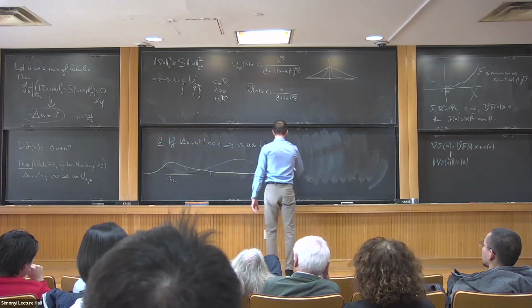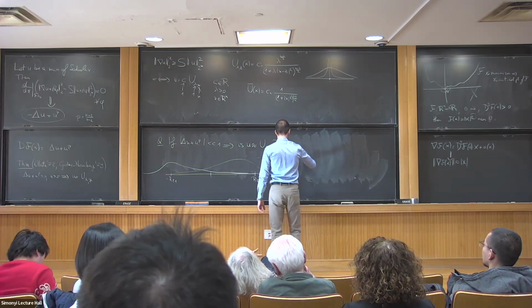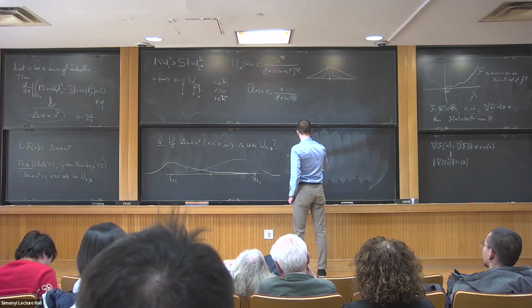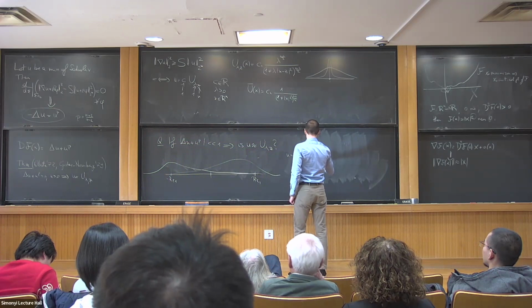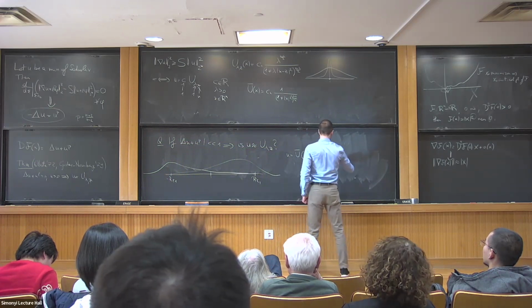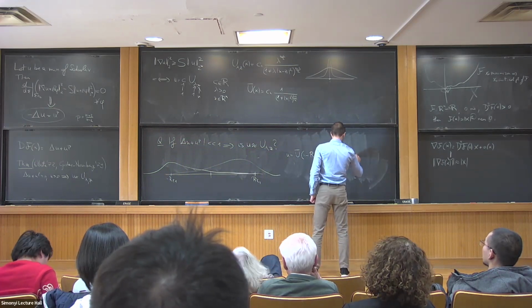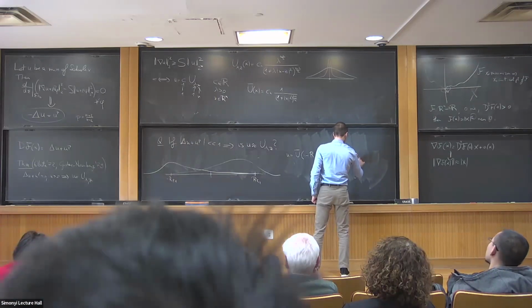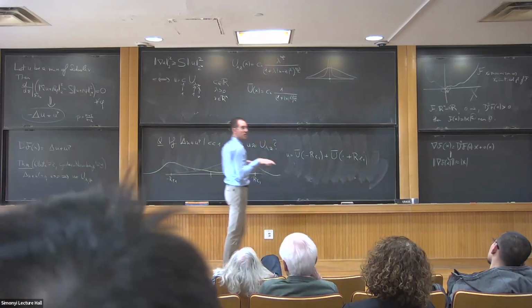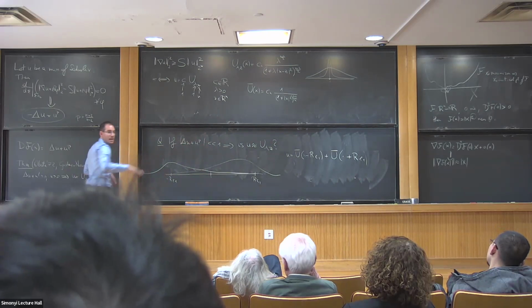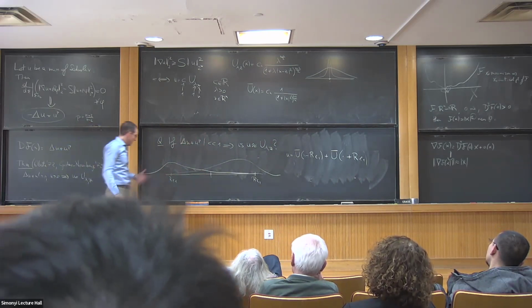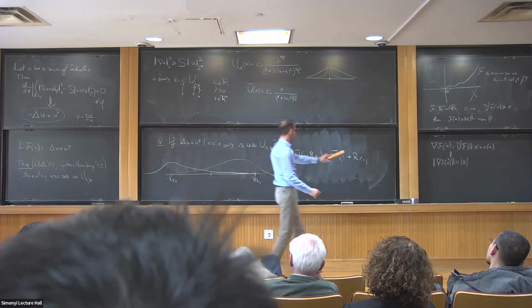So I consider U to be U bar centered at R e1 plus U bar centered at minus R e1. So you take the sum of two minimizers, just centered at a very, very far away point. And now you ask yourself, what can I say about this sum?